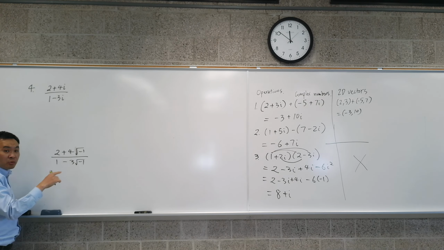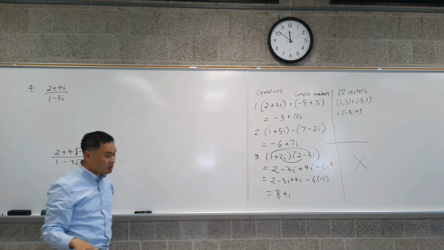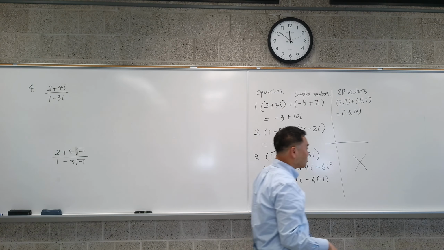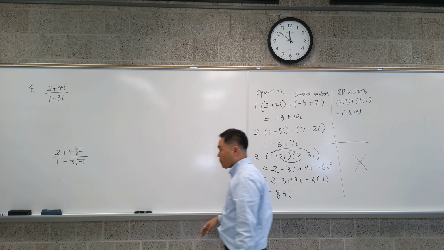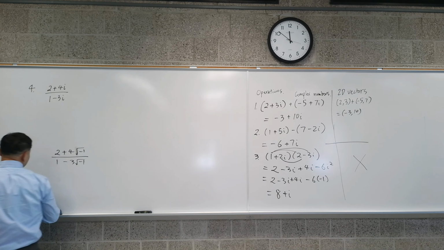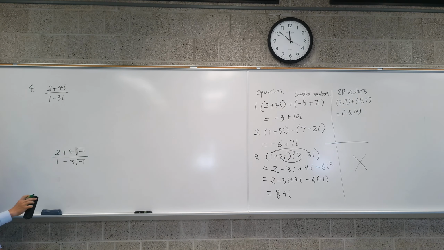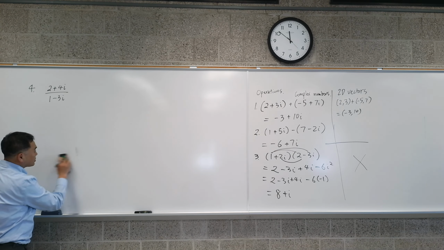And if you have square roots in the denominator, you're told that that's not a good thing to have, and you need to rationalize the denominator. Okay, that's what you will have to learn.